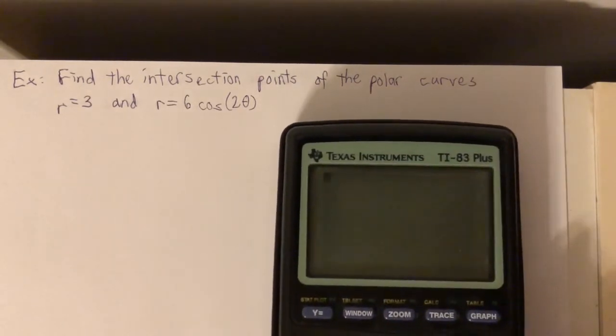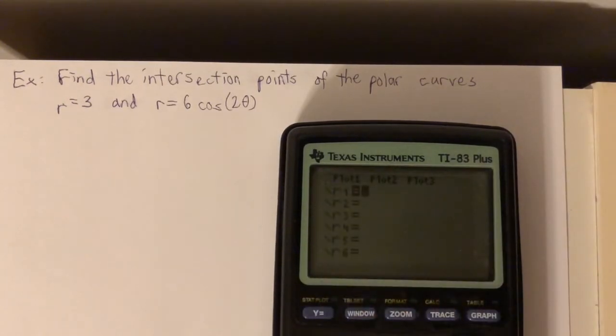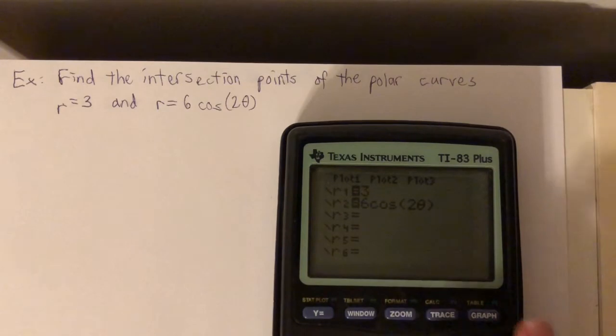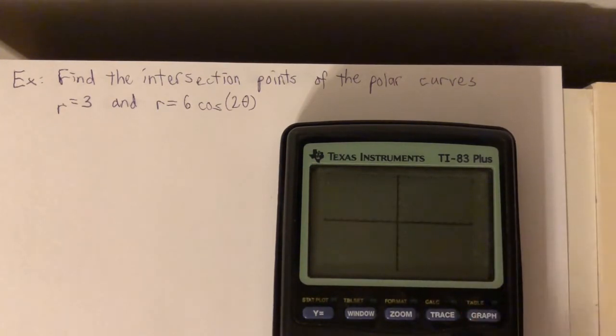So I'm going to hit my y equals key. I'm going to type in r equals 3 and r equals 6 cosine of 2 theta. And take a look at the graph.